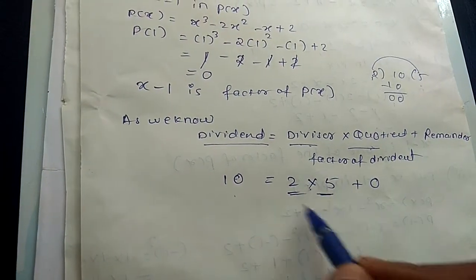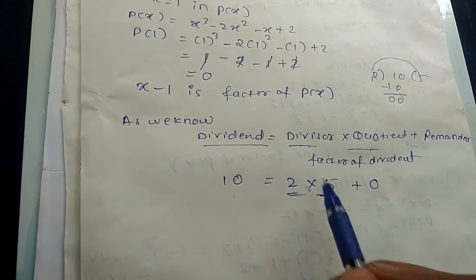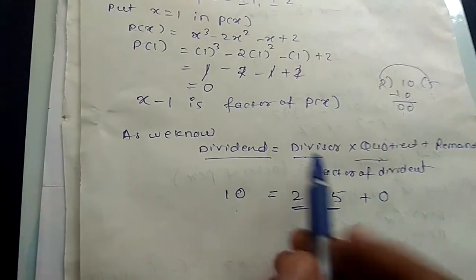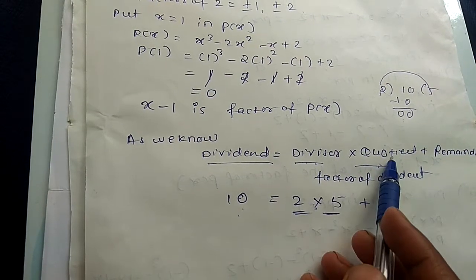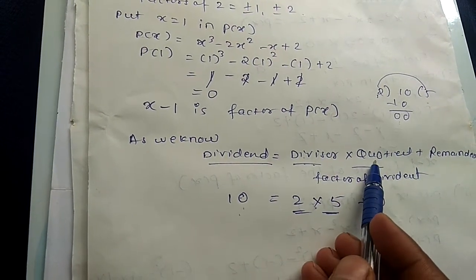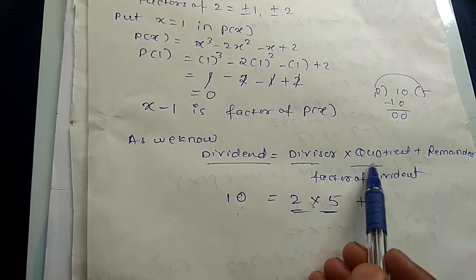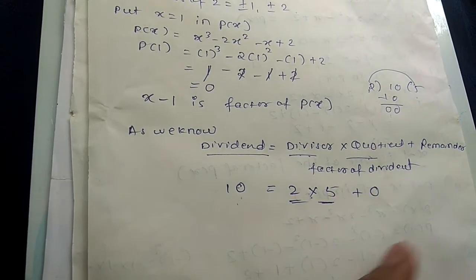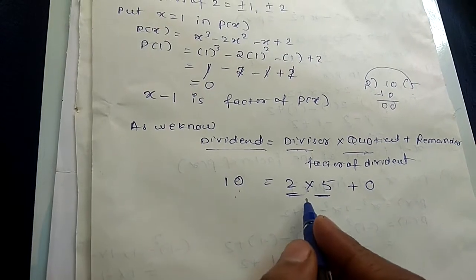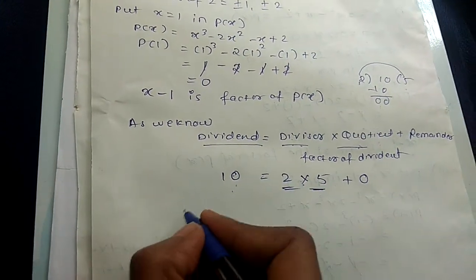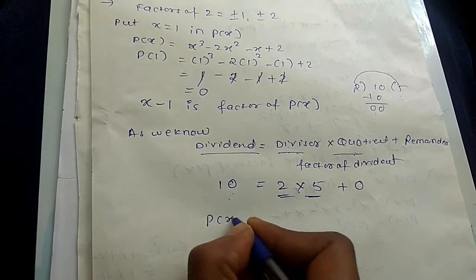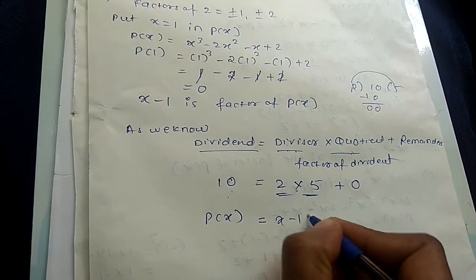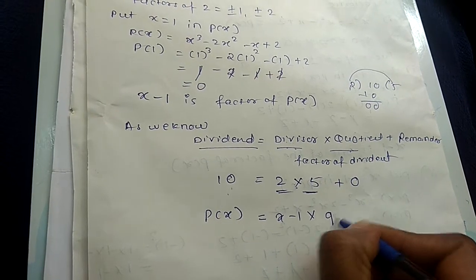Therefore, in a similar way you can apply this method to the division of polynomials. Dividend will be equal to divisor into quotient, so divisor and quotient are factors. If you know one factor, you can find the other factor, that is the quotient. If you get the quotient, you can find some more factors. Here your dividend is p of x, and your divisor is one of the factors, x minus 1, into quotient, which we have to find.